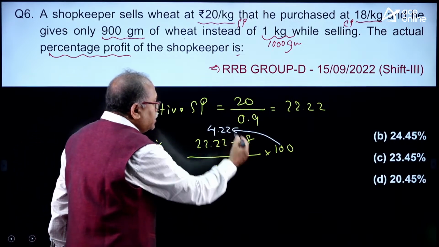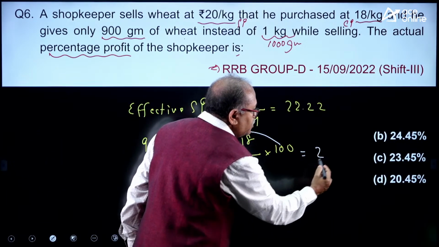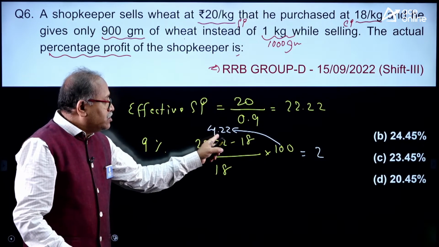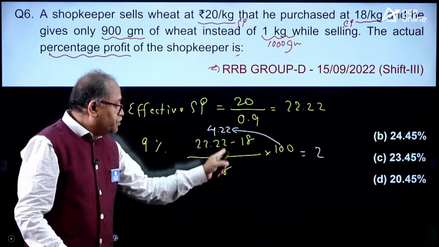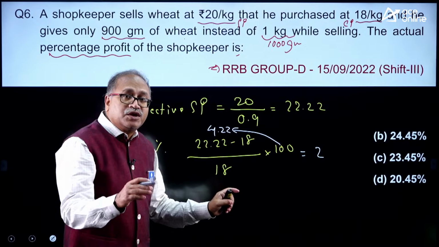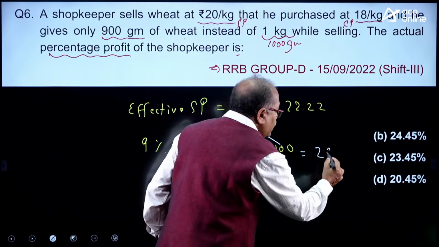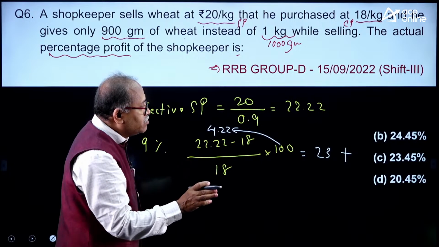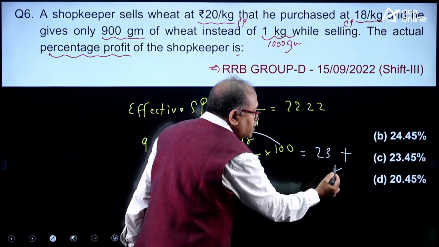So, okay, with 18, how many times? 18 2 is 36, now 6 and 2 62. So, 18 3 is 54. So, my answer has to be, there is a profit, and how much profit? 23 percentage plus.